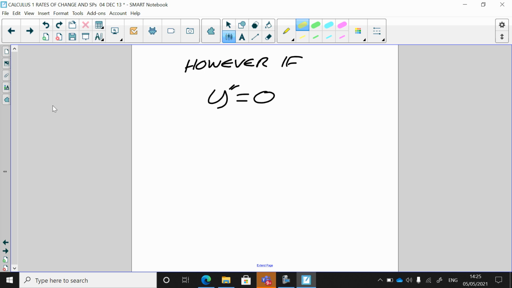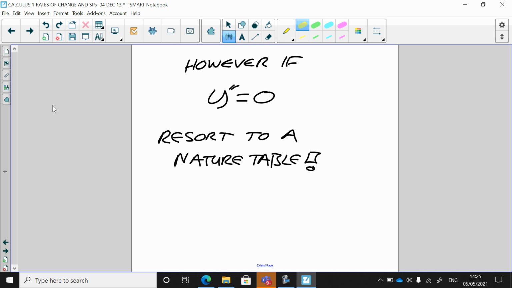But we haven't accounted for what happens if the second derivative, when you evaluate it at the critical value, is exactly 0. Well, you have to resort to a nature table because it doesn't tell you anything about it. So you'll become familiar with where you can, and where you can't, use the second derivative test.